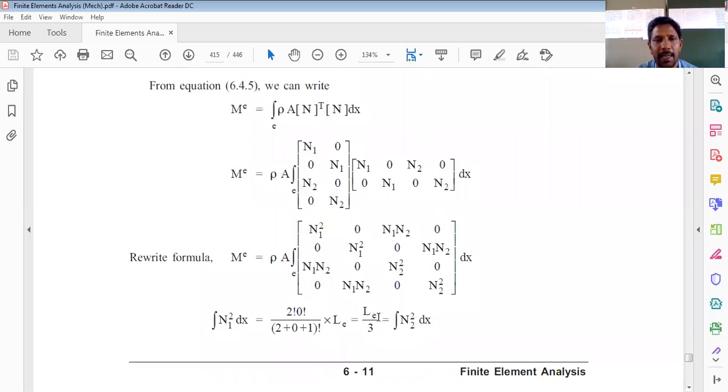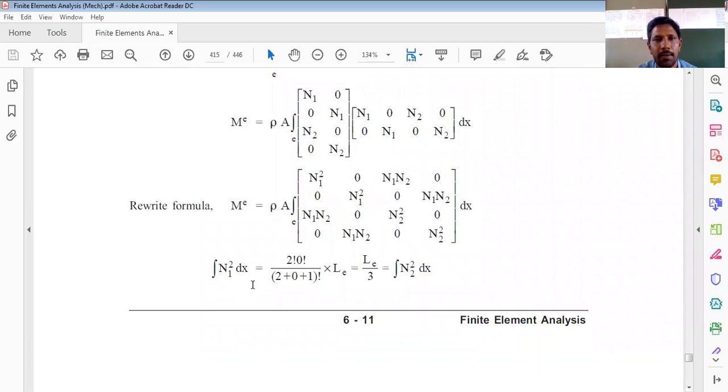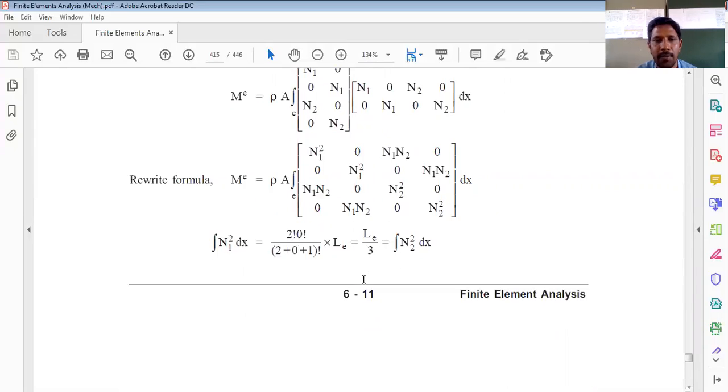When you multiply these two, we know that the integration of N1 square into dx is calculated with this formula, that is 2 factorial 0 factorial divided by 2 plus 0 plus 1 factorial into Le, which comes out to be Le by 3 for N1 square and N2 square.